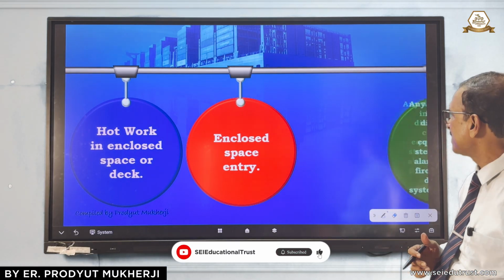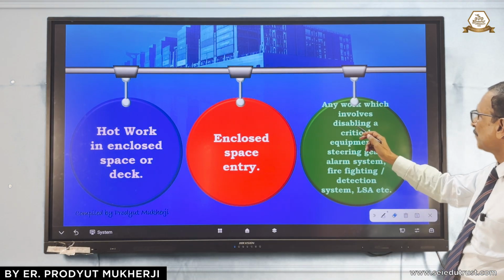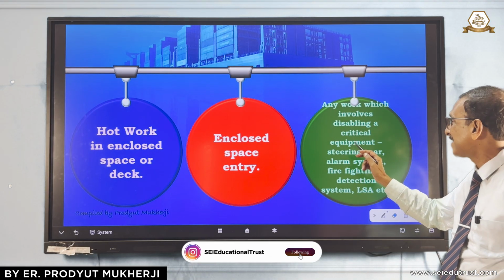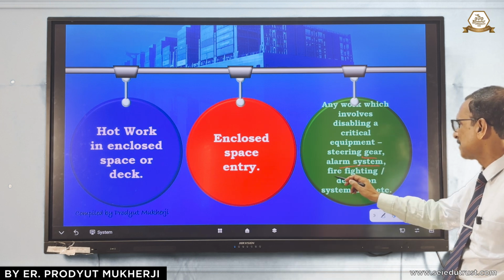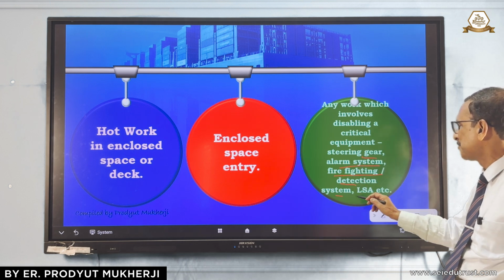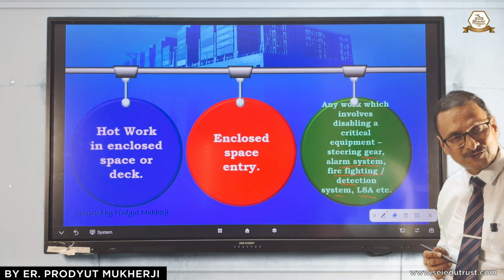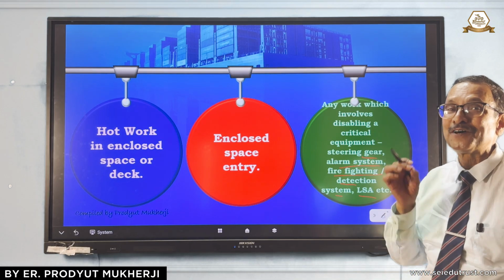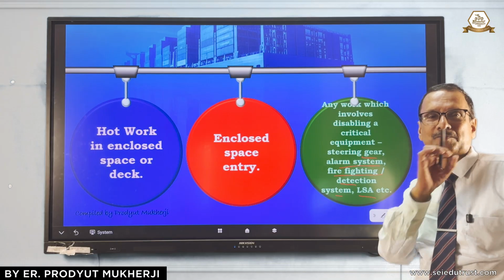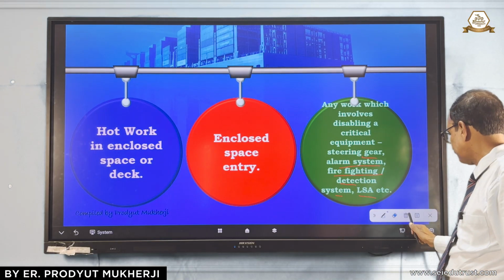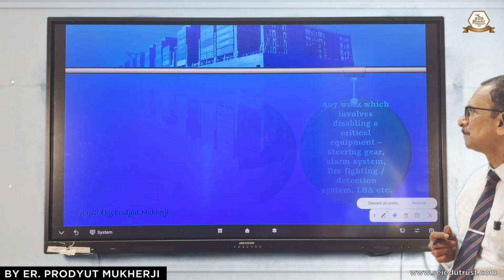Enclosed space entry, any work which involves disabling a critical equipment: steering gear, alarm system, firefighting detection system, life-saving appliances, not to mention the main engine. The main engine is also a critical piece of equipment.